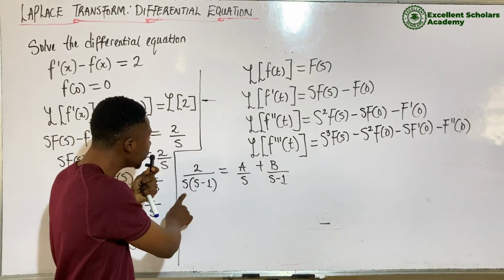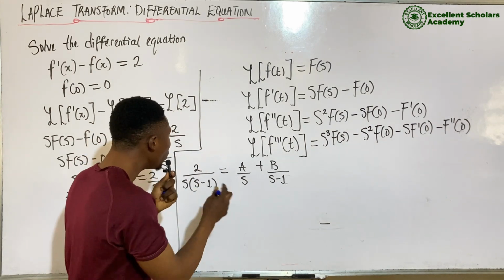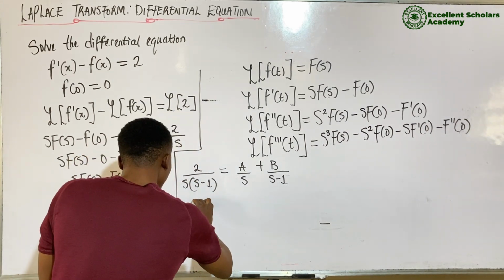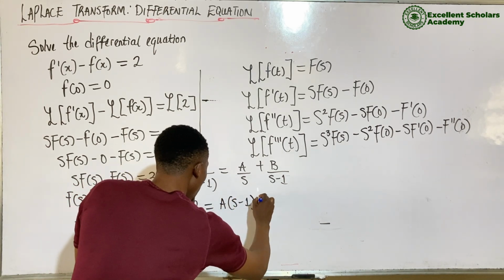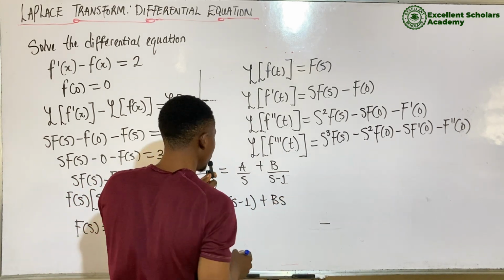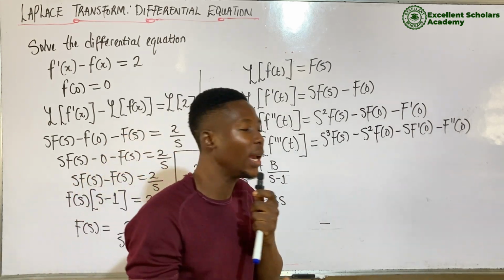When we multiply through, this becomes 2 is equal to A into the bracket s minus 1 plus Bs.